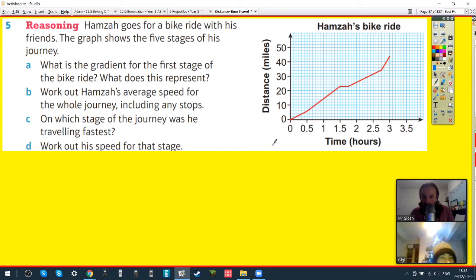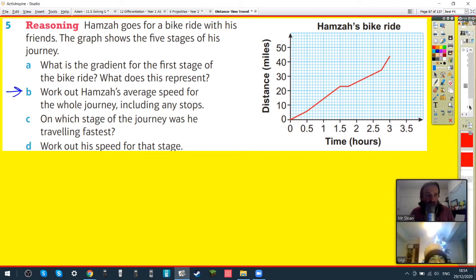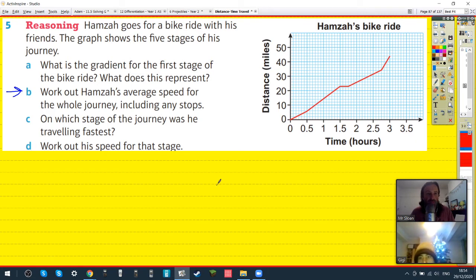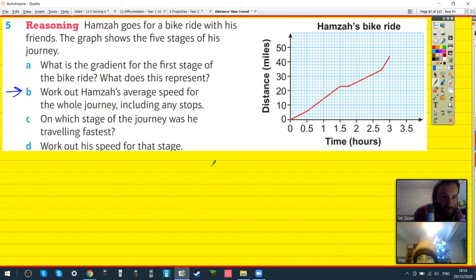What's the average speed for the whole journey? Try B. $14.6.